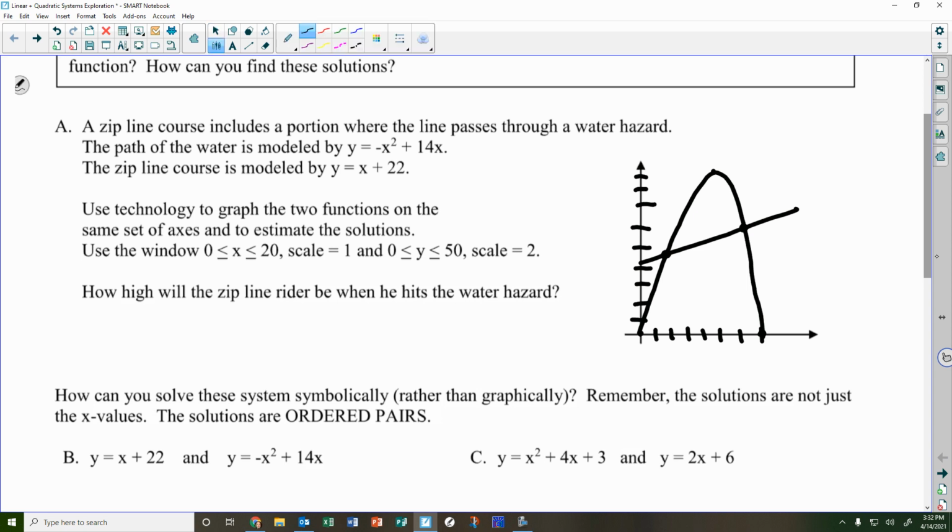Again, the path of the water is modeled with this, and the zip line course is modeled with this. So he's going to hit it right at that spot, which we know is 11, 33, which is 33 feet. And that's how we can answer that.